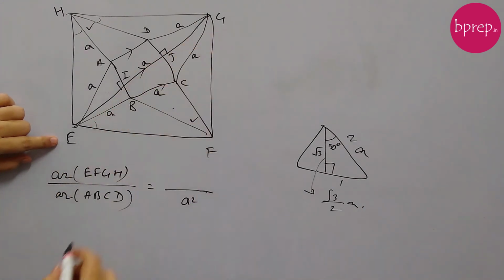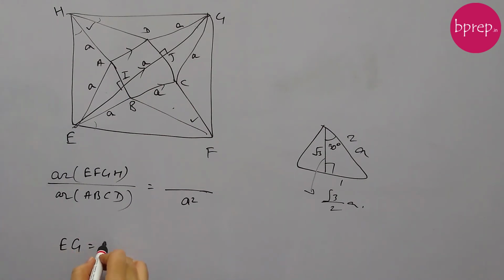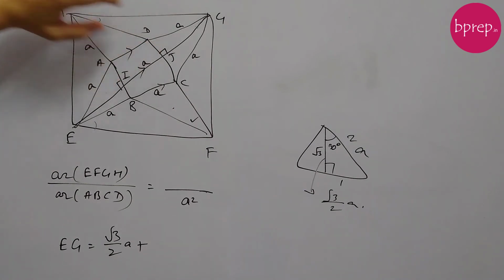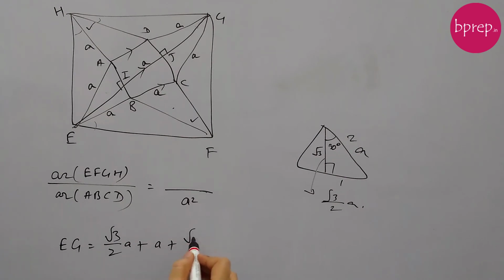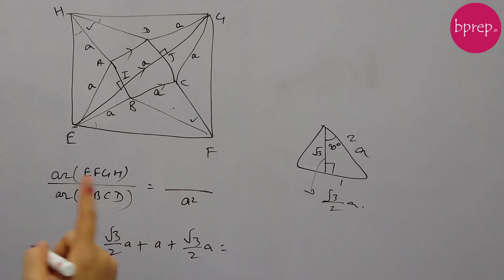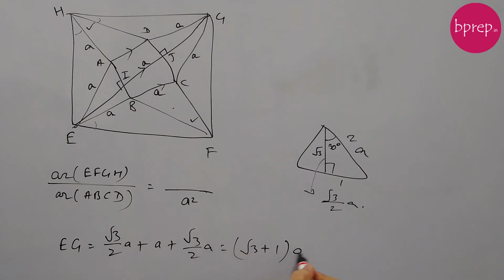So the length of diagonal EG is root 3 by 2 A plus IJ, which is A, plus JG, which is again root 3 by 2 A, right? So this is root 3 plus 1 times A. This is the diagonal of the bigger square.